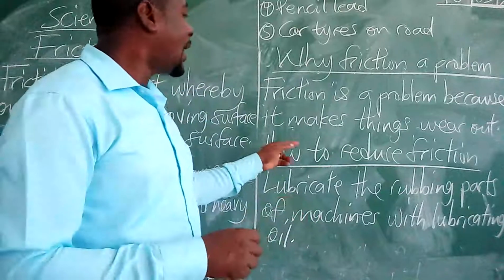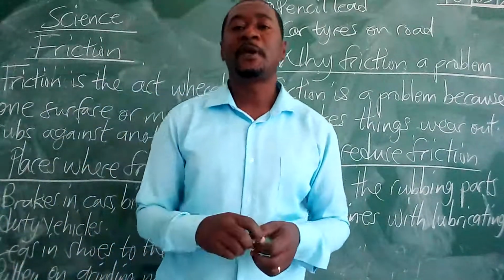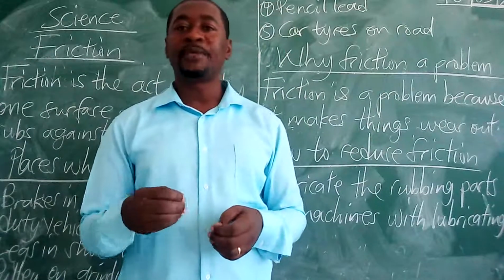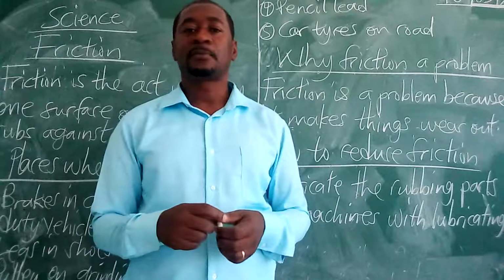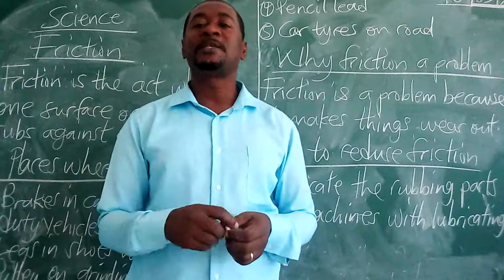Then how to reduce friction? How are you going to reduce friction? If let's say we have a machine and we want to reduce friction, what we do is what? We apply lubricating oil.